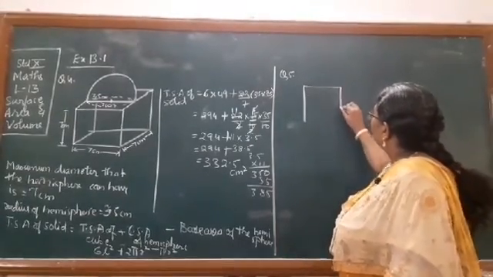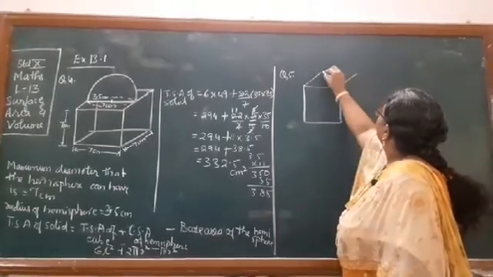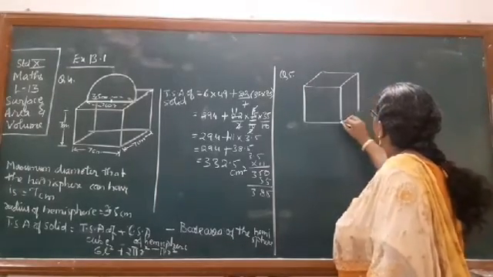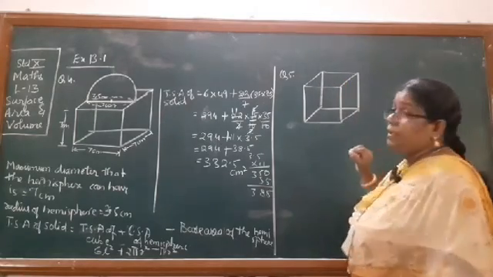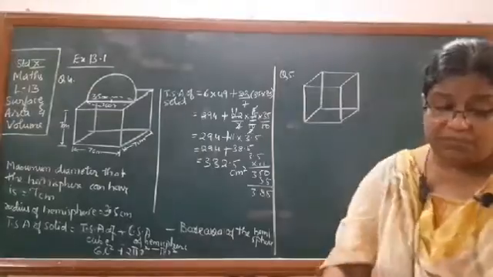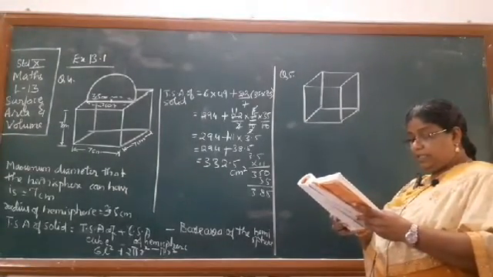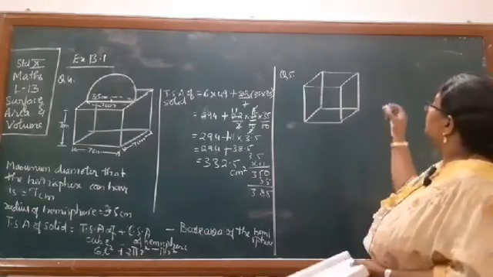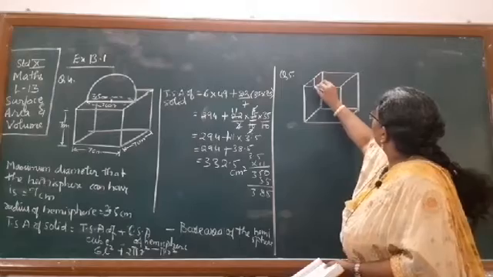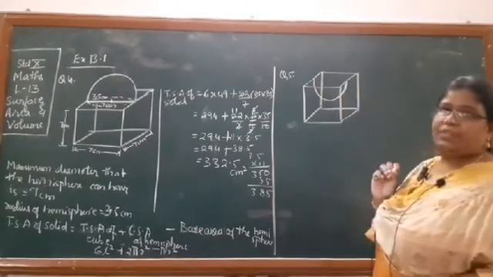Look, this is your cube. It is said that the diameter of the hemisphere is equal to the edge of the cube. That means from here they have cut out a hemisphere this way.